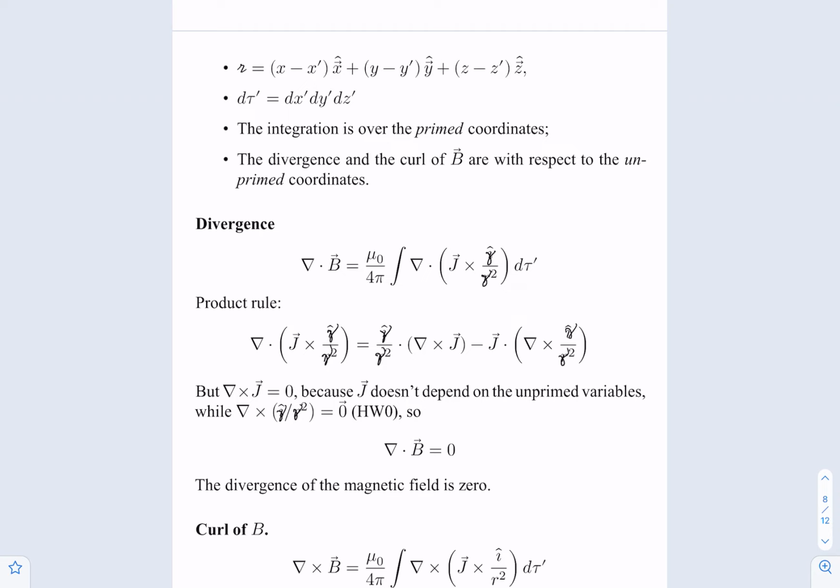You can imagine that A dot B cross C can be rewritten as B dot C cross A, and C dot A cross B. Now because we want to apply this del operator to both the J and the function over here, we have to rearrange this C cross A to be minus A cross C. So here we can rewrite this as minus A cross C.